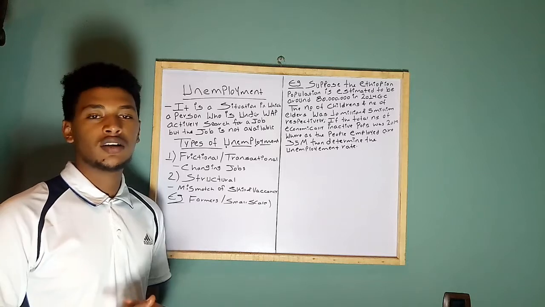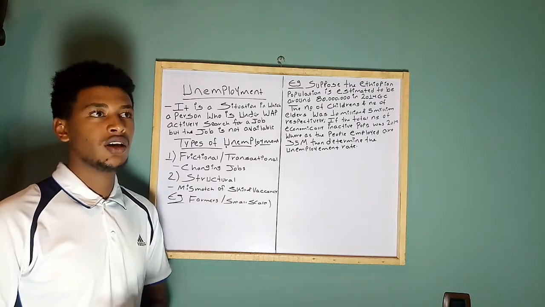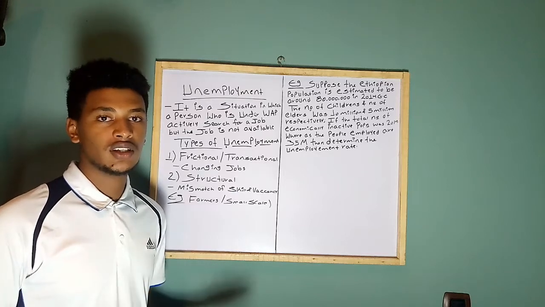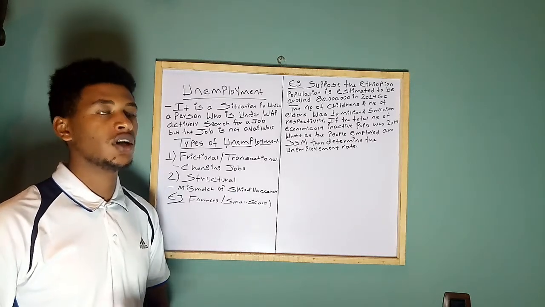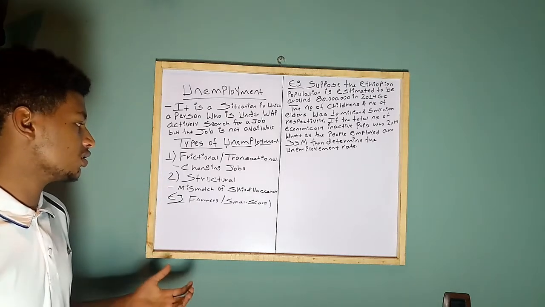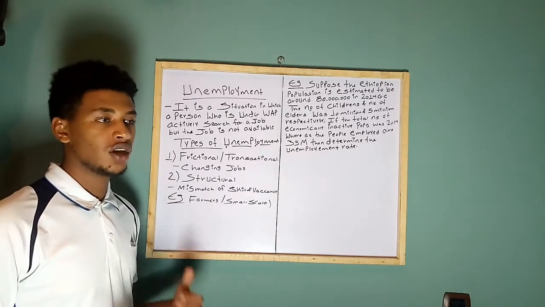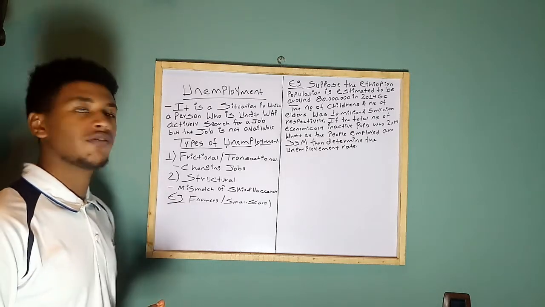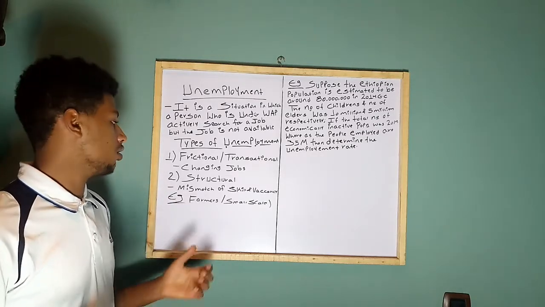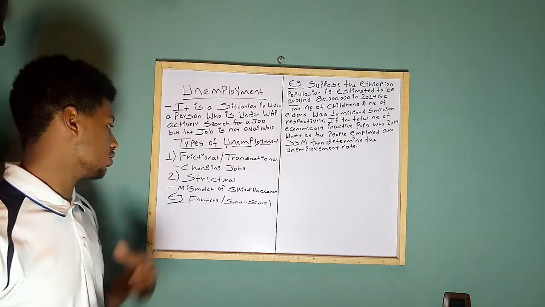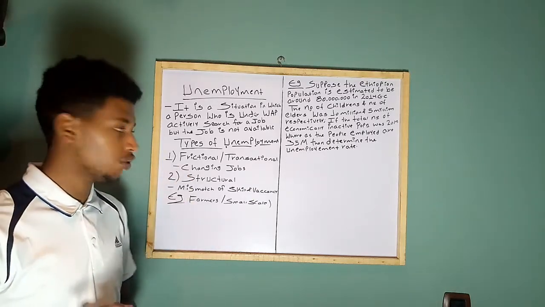Nowadays different kinds of technology are coming, like machinery for plowing, harvesting, water pumping, and other kinds of machinery and equipment. So if these farmers are not skilled to operate or control such machinery, they are exposed to the kind of unemployment we call structural unemployment.